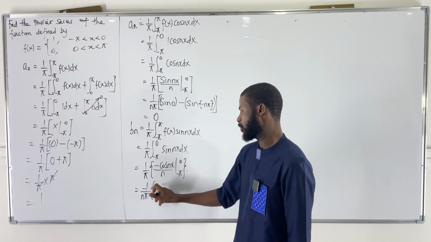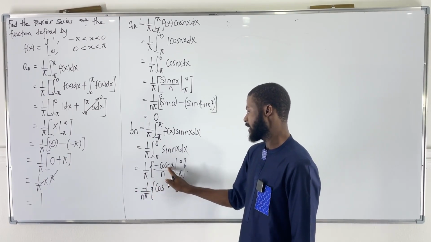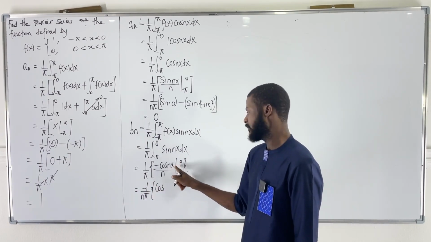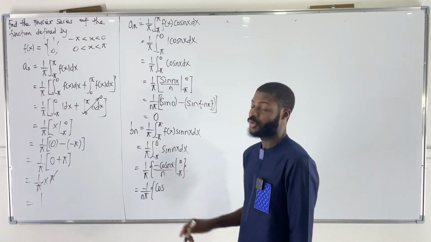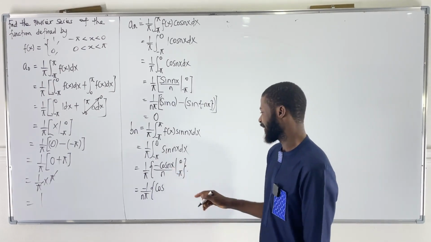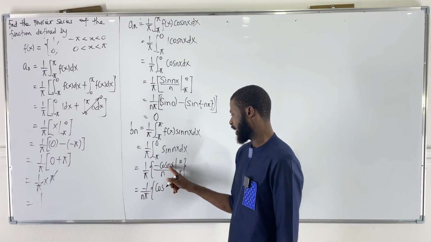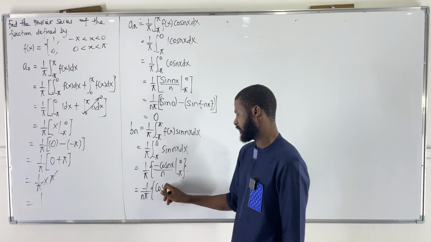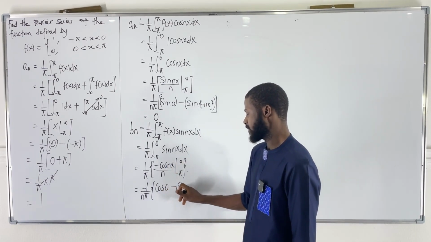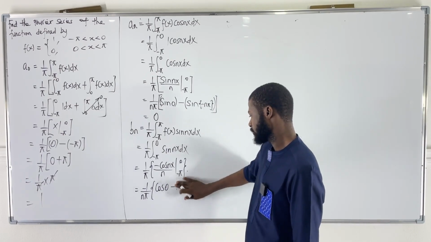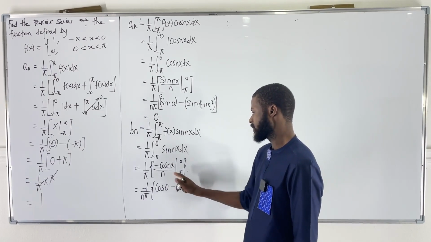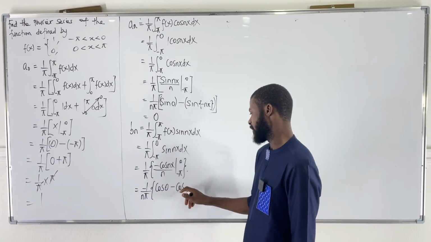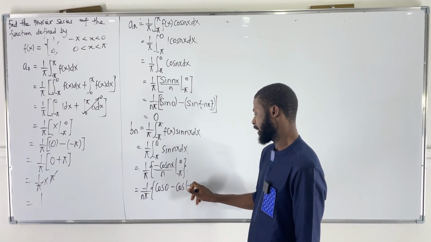Then we're going to have cos n times 0 when you put in your limits, because anyway you see x, you're going to put your limits. So n times 0 will give us 0. Minus cos, now n times minus pi will give us minus n pi.